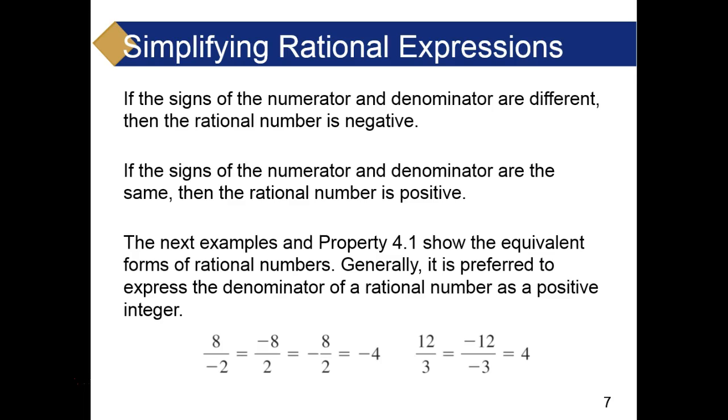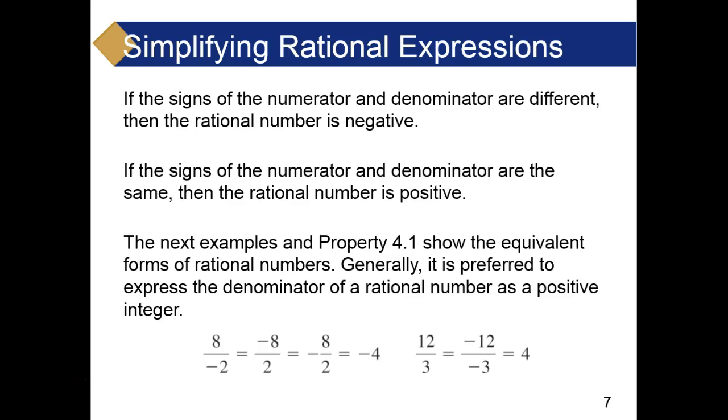Negative. If they're the same, positive. Even if they're both negatives? Yeah, still positive. So if the signs of the numerator and denominator are different, then the rational number is negative. If the signs of the numerator and denominator are the same, whether they're positive or negative, the rational number is positive. All right.